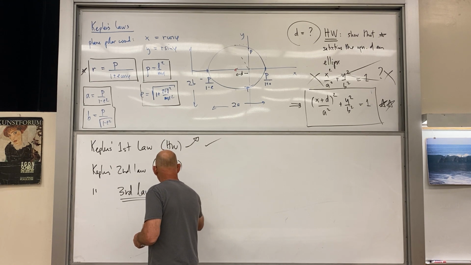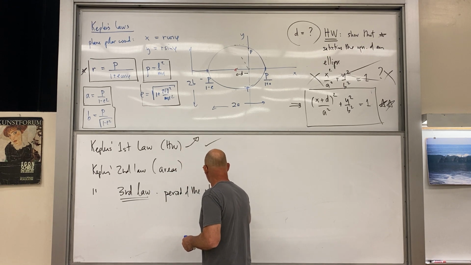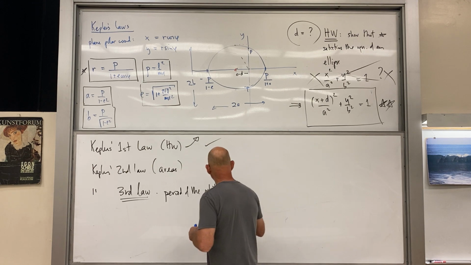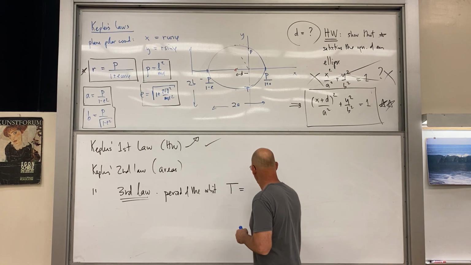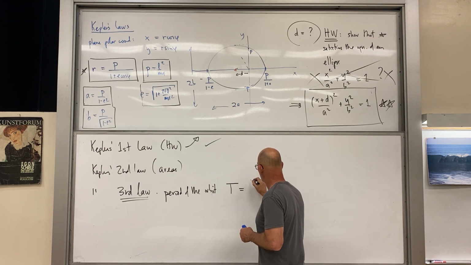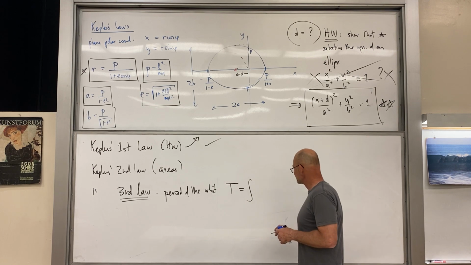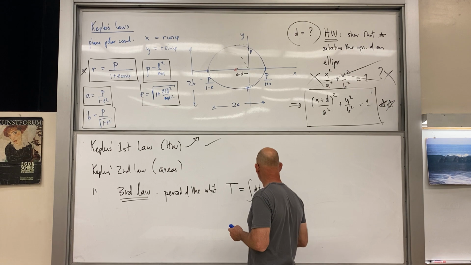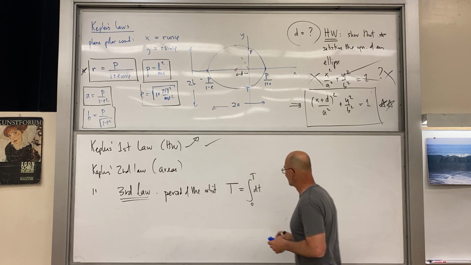First we're going to take the period of the orbit, and we're going to relate that to the area of the ellipse. So the period of the orbit, T, is equal to the integral of dt from 0 to T like that.